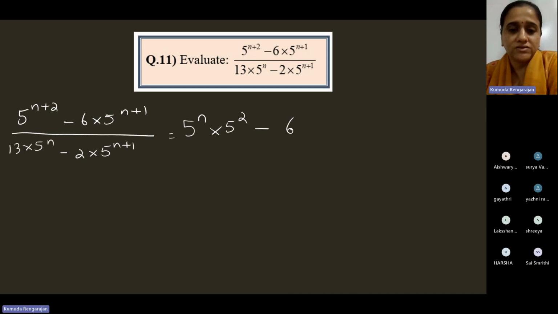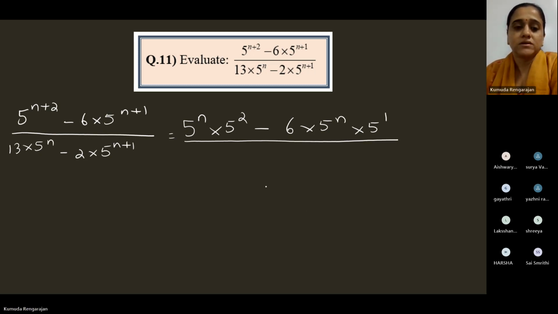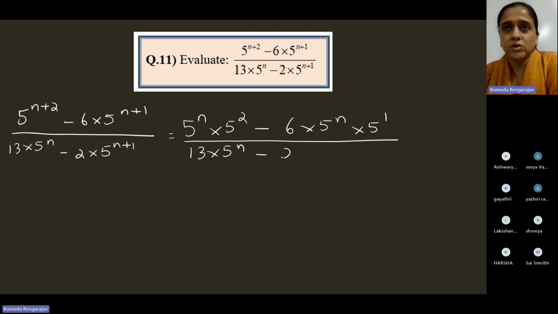Correct. Minus 6 into 5 to the power n plus 1 can be written as 5 to the power n into 5 to the power 1, divided by 13 into 5 to the power n minus 2 into 5 to the power n plus 1 is 5 to the power n into 5 to the power 1.